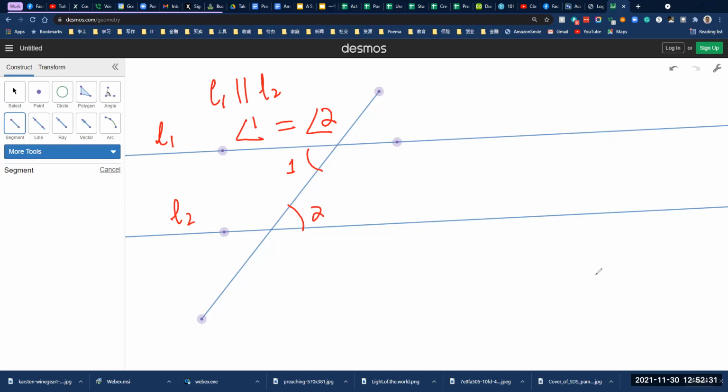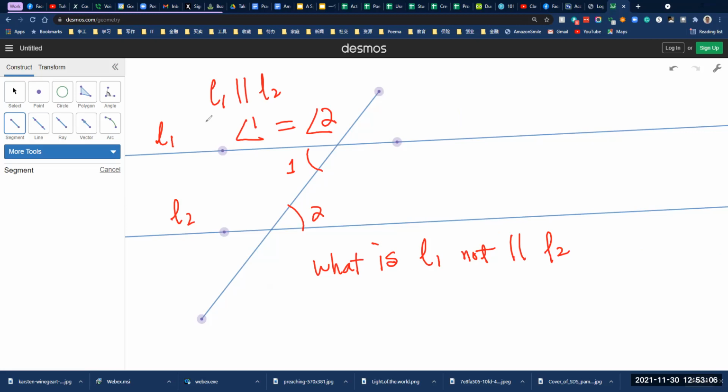Okay. So a very, very common technique is to assume something is true and then we'll find a logic contradiction. So basically, instead of directly proving the theorem, we say, okay, what if L1 is not parallel to L2?